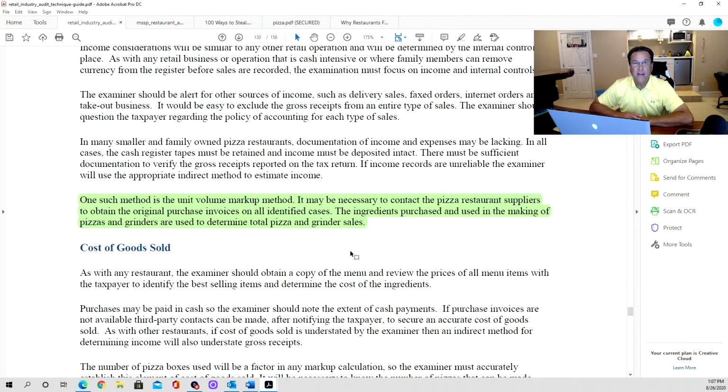It may be necessary to contact the pizza restaurant suppliers to obtain the original purchase invoices on all identified cases. What? The ingredients purchased and used in the making of pizzas and grinders are used to determine total pizza and grinder sales.